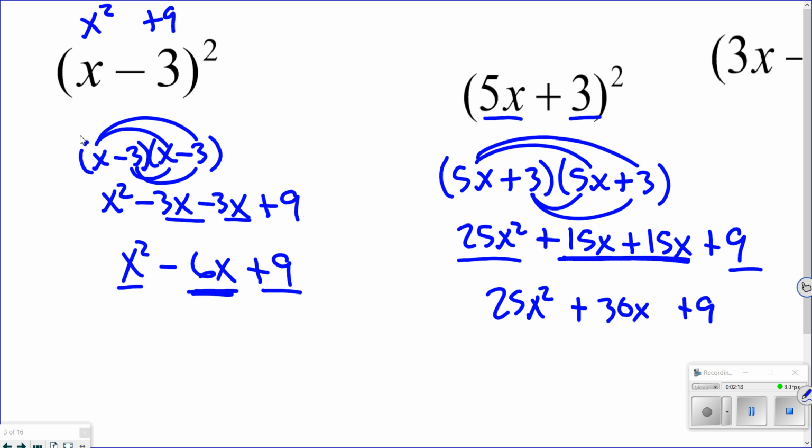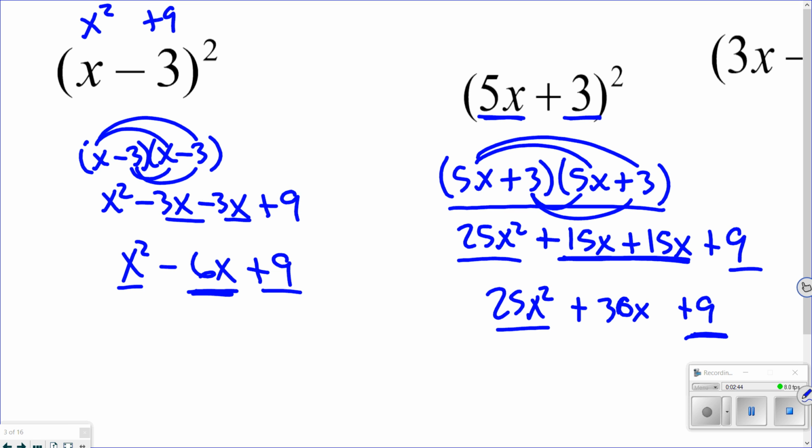First of all, I'm perfectly fine if you do it this way. You can write it out as 5x plus 3 and 5x plus 3 and just distribute. The shortcut is like this, though. You always take the first term and square it. So 5x squared is 25x squared. If you square the last one, 3 squared is 9. If that's a minus, it's still going to be a positive, because if it were a minus 3, it'd be minus 3 times minus 3, still a positive 9.